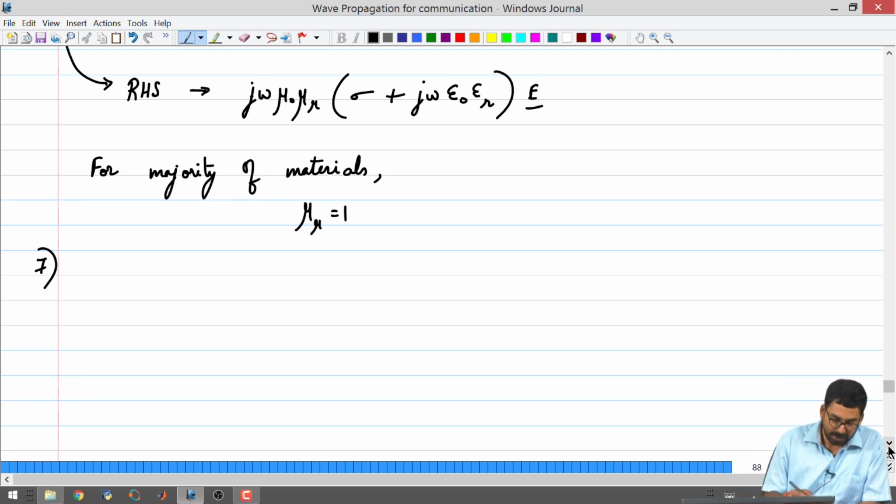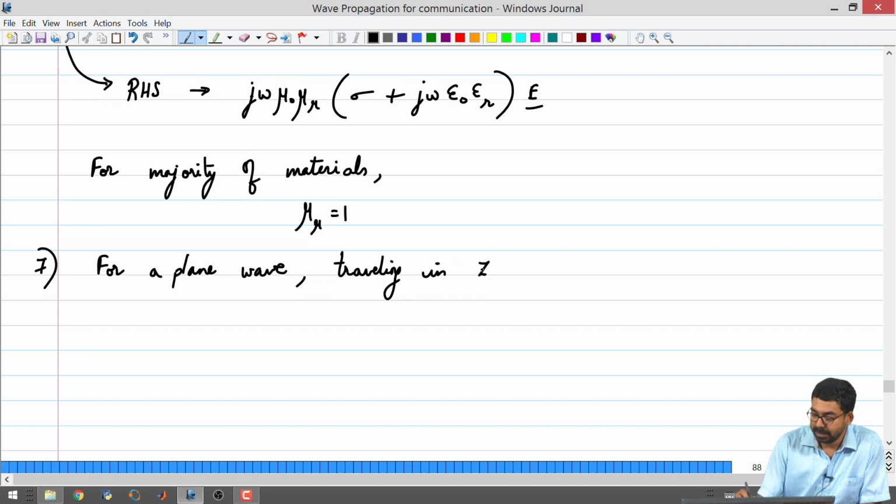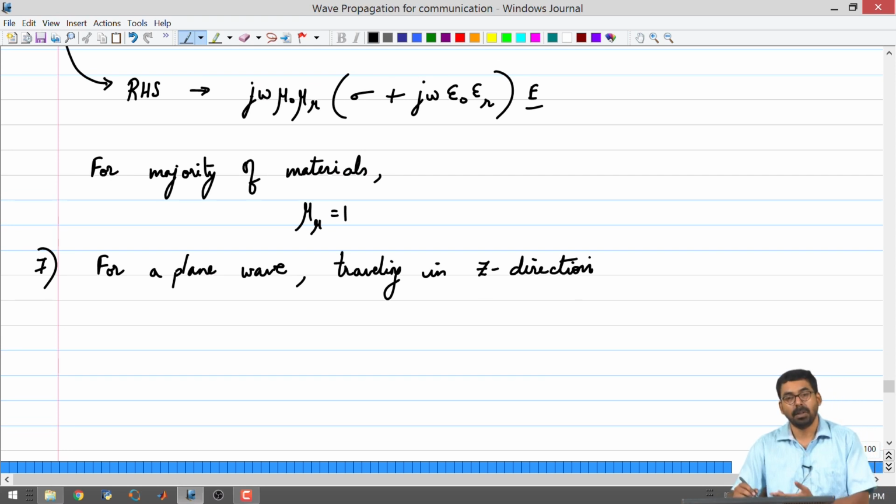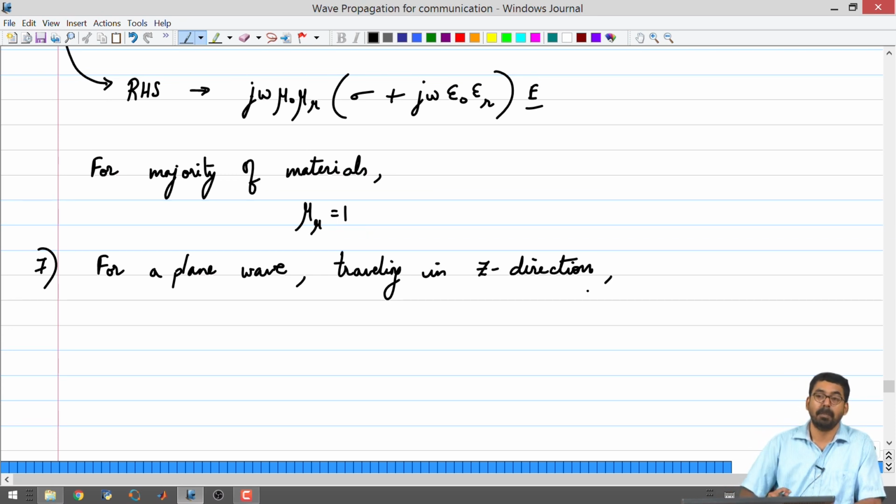Okay. So, in this case, there are some details that we will add, because in the past we have come across these details. We have to be specific to say that for a plane wave, okay, traveling in the z direction. So, now we are becoming more specific in the way we talk about the plane wave. We are saying that it is traveling in the z direction, and we also know from the prior class that we have to talk about polarization, alright.